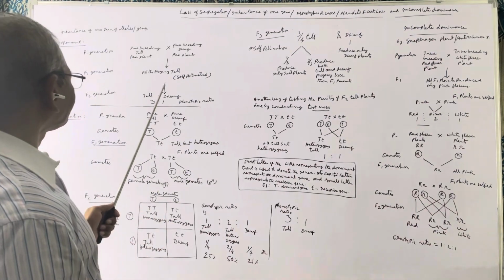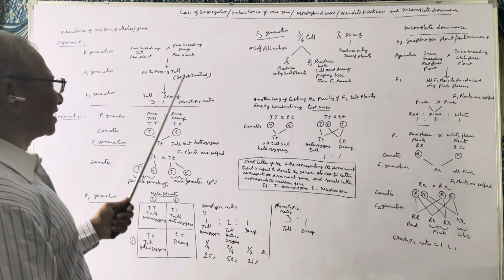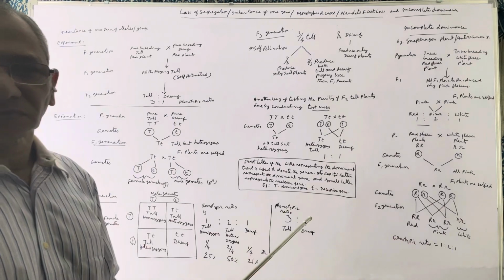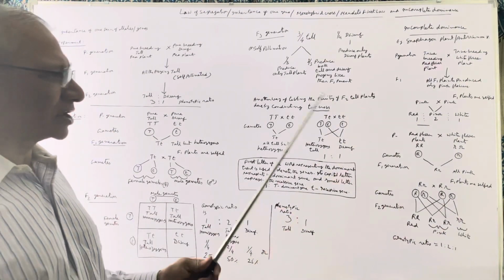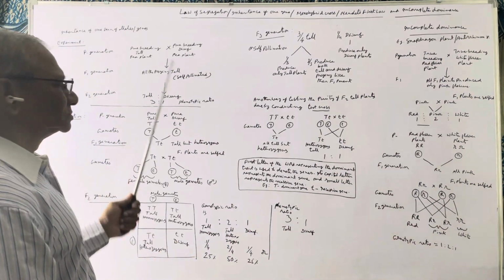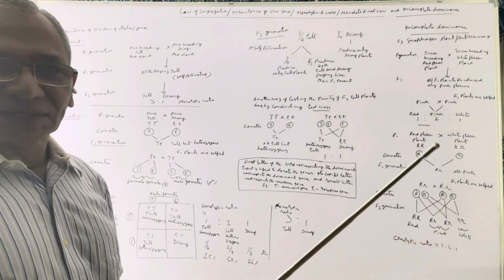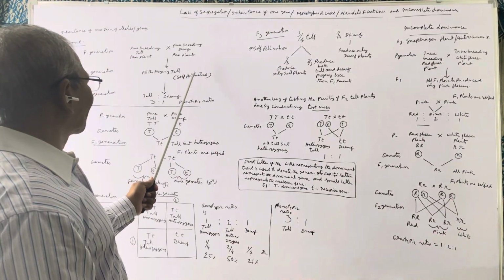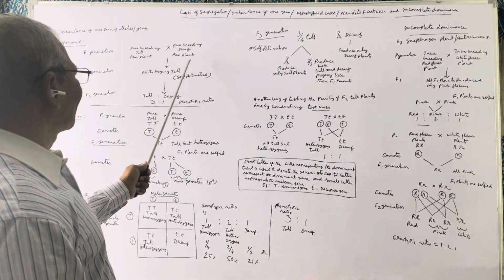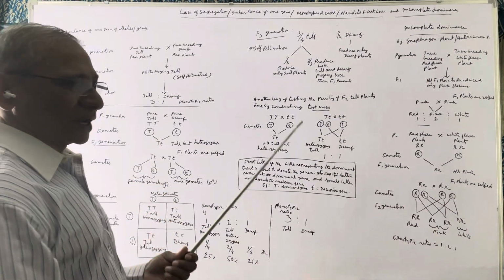Then the trait that appeared in the F1 generation is known as the dominant trait. So here what is the dominant trait? Tall. The trait that is suppressed or hidden in the F1 generation is known as the recessive trait. Here the recessive trait is dwarf plant.